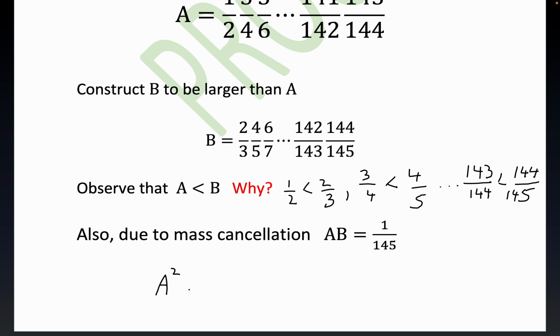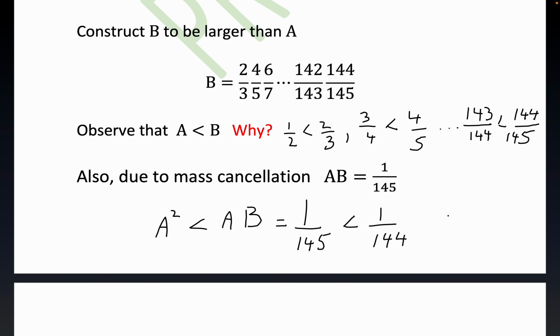All right, but AB is equal to 1 over 145, which is certainly a smaller number than 1 over 144, by a little bit. 1 over 145 is less than 1 over 144. So what we have here is A squared is less than 1 over 144. So if you take the square roots of both sides, you get A is less than 1/12.